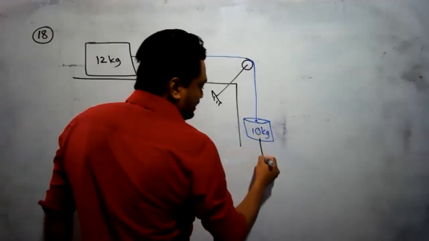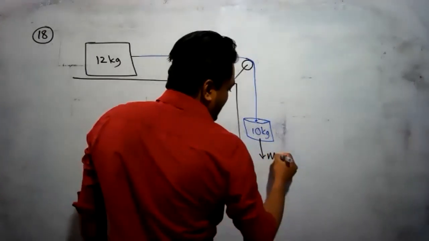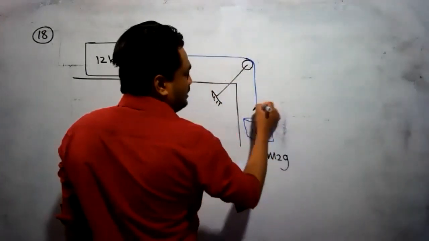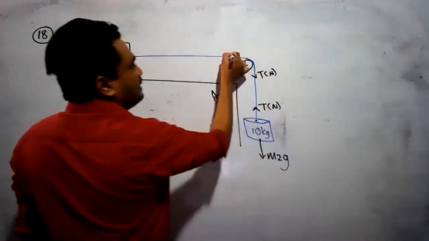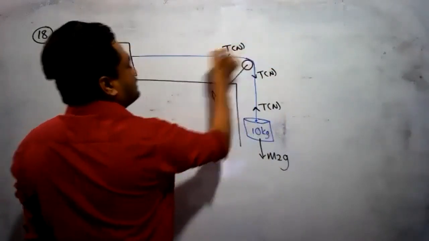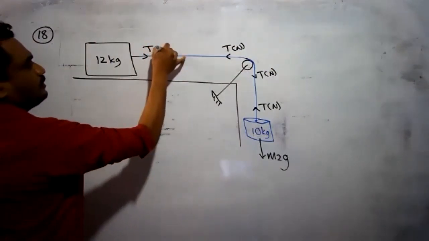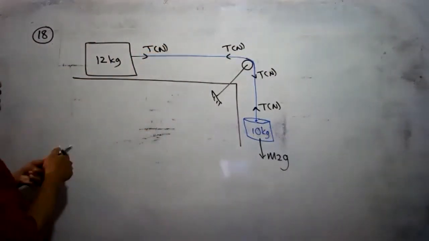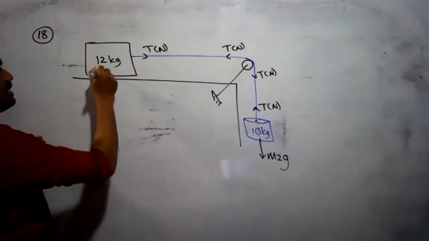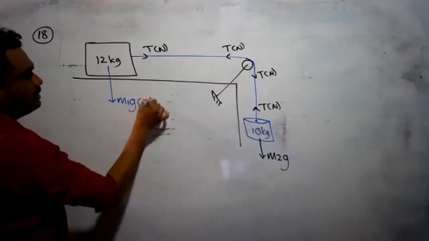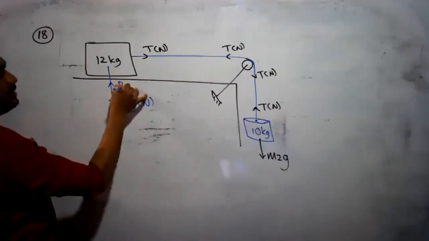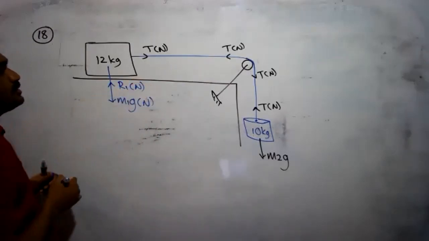So the weight of this object acting downward, let me mark it as M2G. The tension in the string is capital T Newton. This is how we always mark the tension forces. And the weight of this object is acting downward as M1G Newton, the normal reaction force acting on it, let me mark it as R1 Newton.